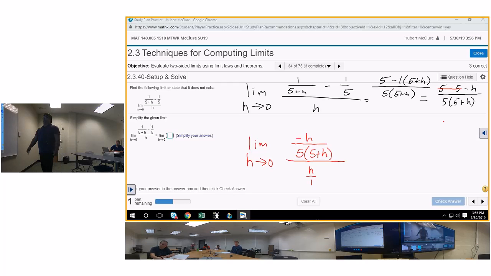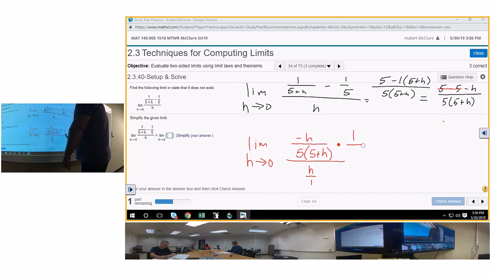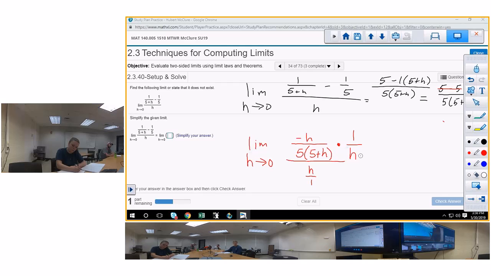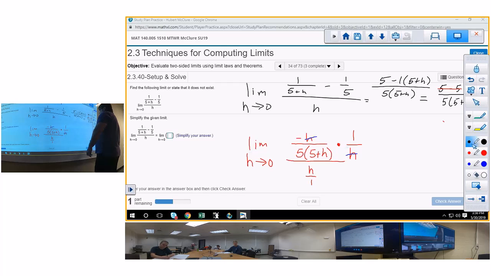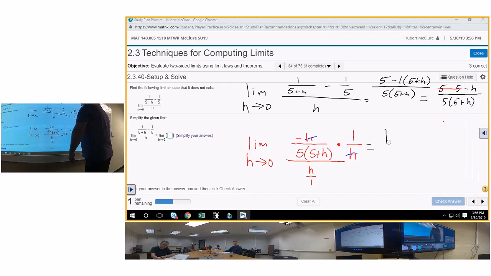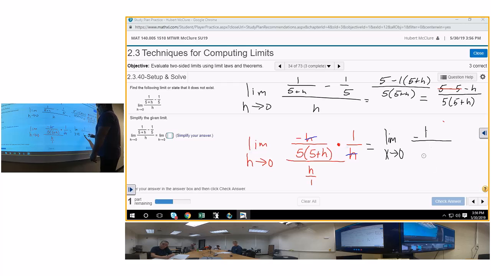Reciprocal. So now I'm going to take that 1 over h. Oh my gosh, look at there. What happens to the h's? They cancel, Hubert. And that's left. Your final answer is limit as x approaches 0 of negative 1 over 5 times 5 plus h.